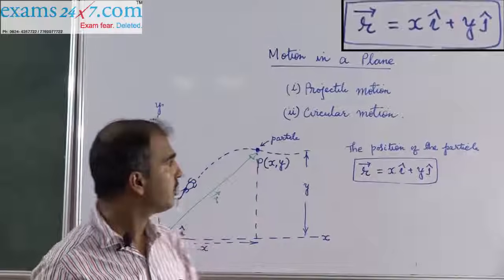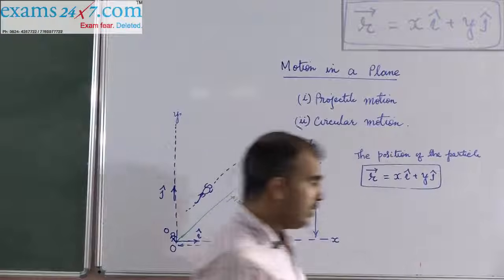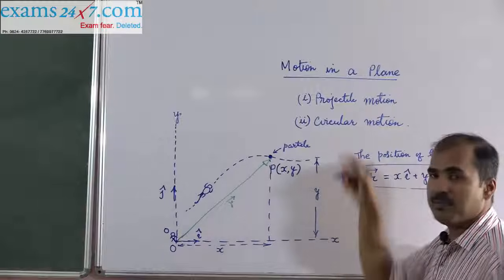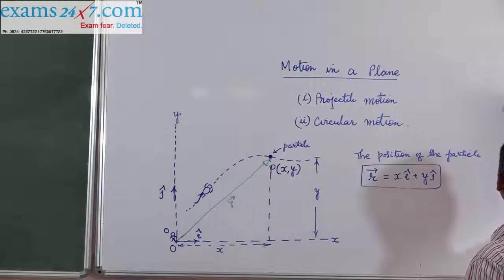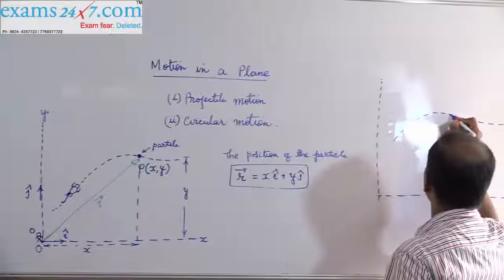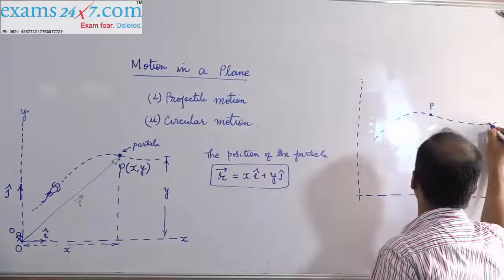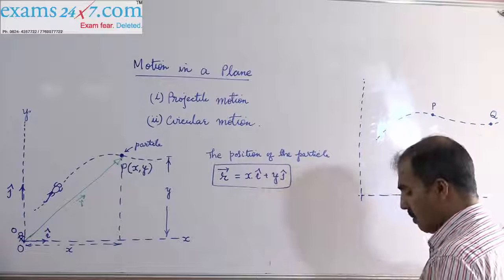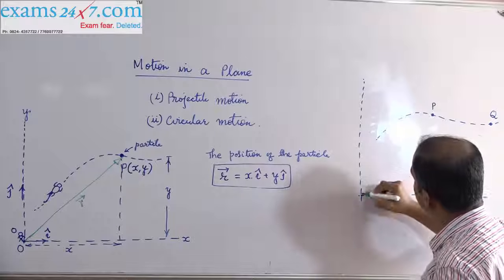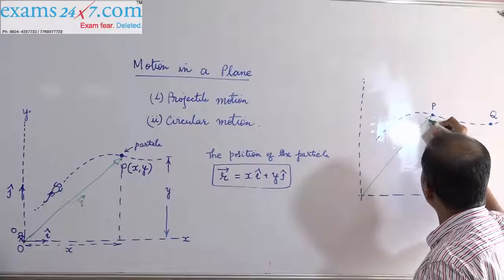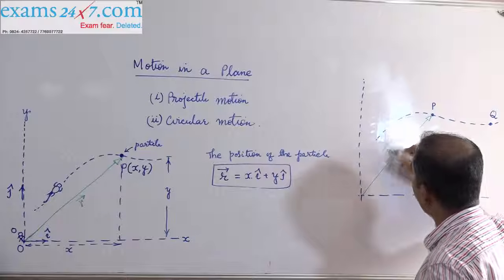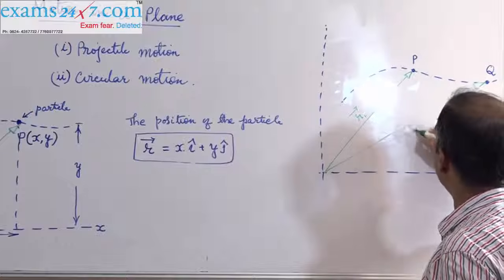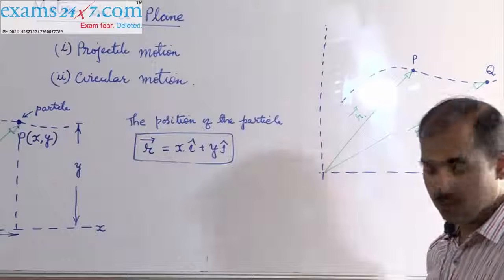Now what if this particle changes its position, meaning if it were to move along this path? So let's redraw that diagram again. Initially the particle was at point P and later on it is found at point Q. Therefore, point P is indicated with the help of the initial position vector r1, and Q is indicated with the help of the final position vector r2.